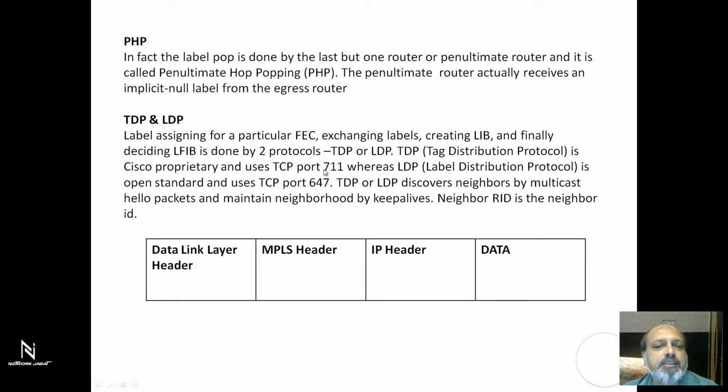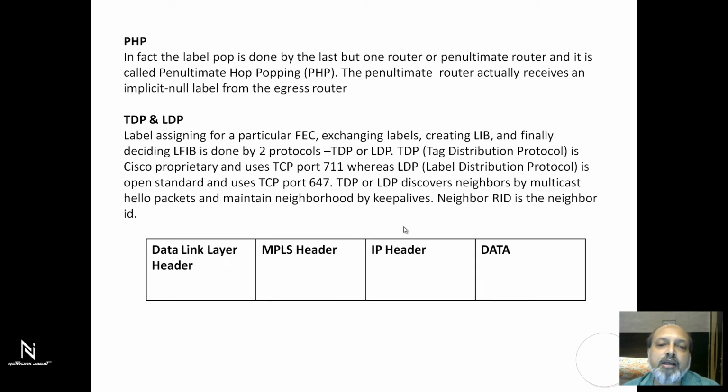I don't think these things deserve special mention, because all of you know that the different forwarding protocols are somewhat dependent on TCP and IP, and in many cases they use certain port numbers of TCP and IP. For example, BGP, or Border Gateway Protocol, is a routing protocol entirely dependent on TCP.